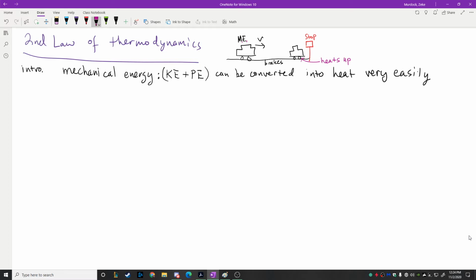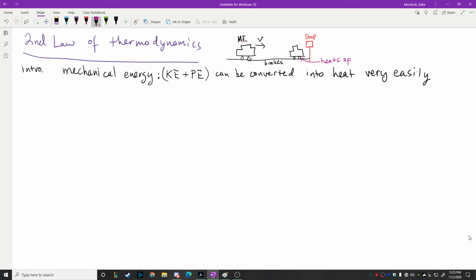However, if you were to try to take the heat that develops, the temperature change that develops inside of your wheels here and inside of the braking system, and you wanted to make it so that the car could now start moving with that heat, that would be very difficult to do.